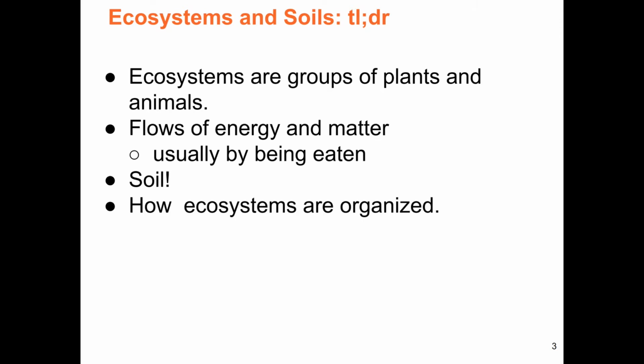We'll talk about how ecosystems are organized, usually into trophic levels, like producers make food from the sun, consumers eat producers, then there's decomposers that eat dead stuff. So ecosystems are pretty much organized based on either whom you're eating or who's eating you. Yeah, that's the way ecosystems are organized.